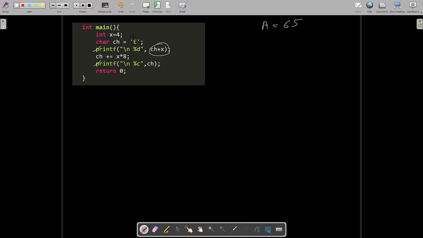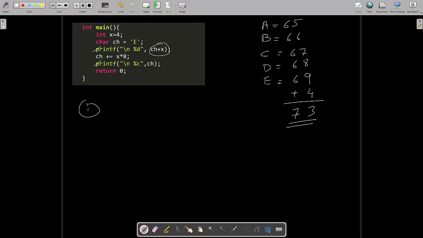B will be 66, C will be 67, D is 68, so E is 69. If E is 69, then plus 4 gives me 73. So 73 will be the value that is going to be printed for the first expression.